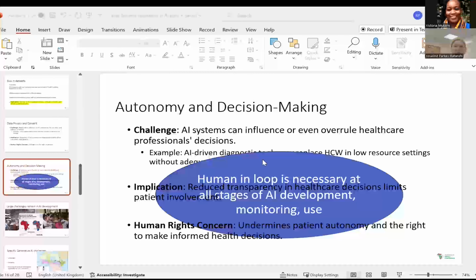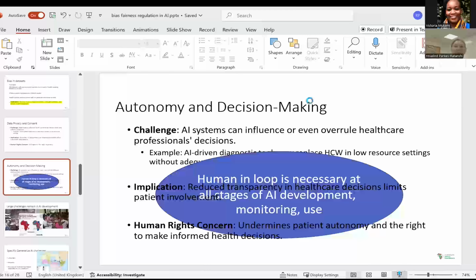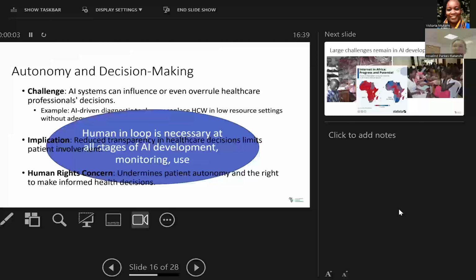Now when I go to this, we go to content only. What are you seeing now? Presenter view.